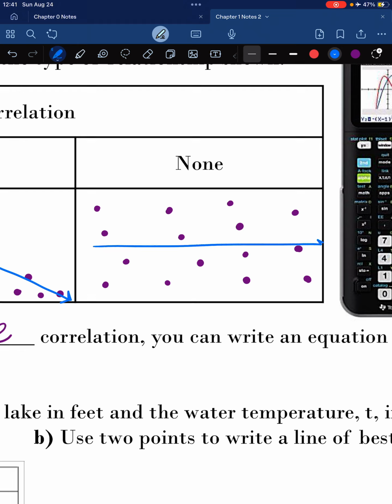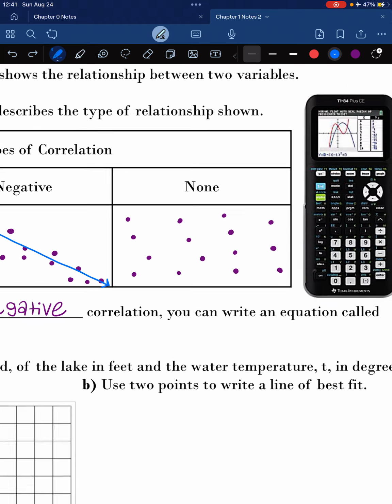I always have students who say, well, you can just draw a line right through the middle. And sure, I could draw a number of different lines, but that doesn't really help me predict what's going to happen if I extended either of the axes, like what's going to happen with the next data that I collect in the future. So we would call this having no correlation.